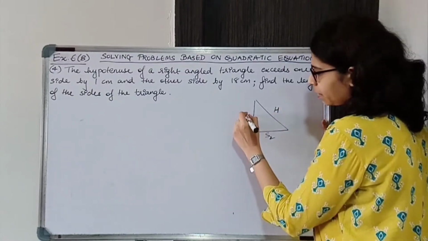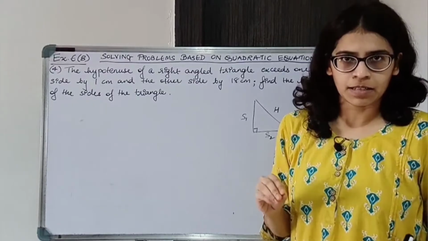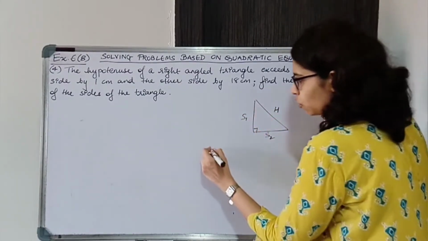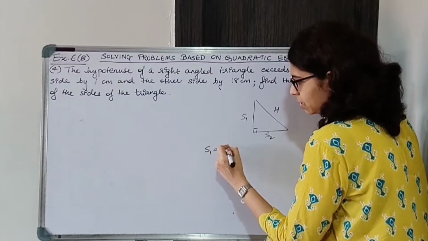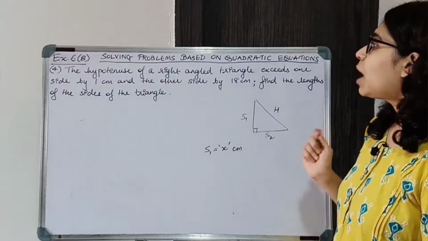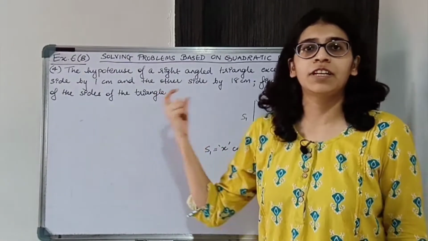Now consider any one as x. I am considering side 1 as x over here. So let's say side 1 is x centimeters. Now the hypotenuse of a right angle triangle exceeds one side by 1 centimeter.